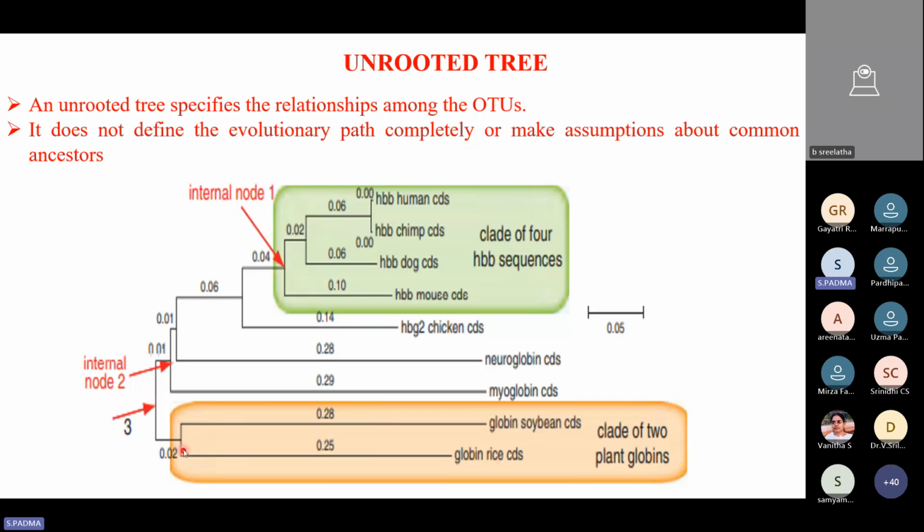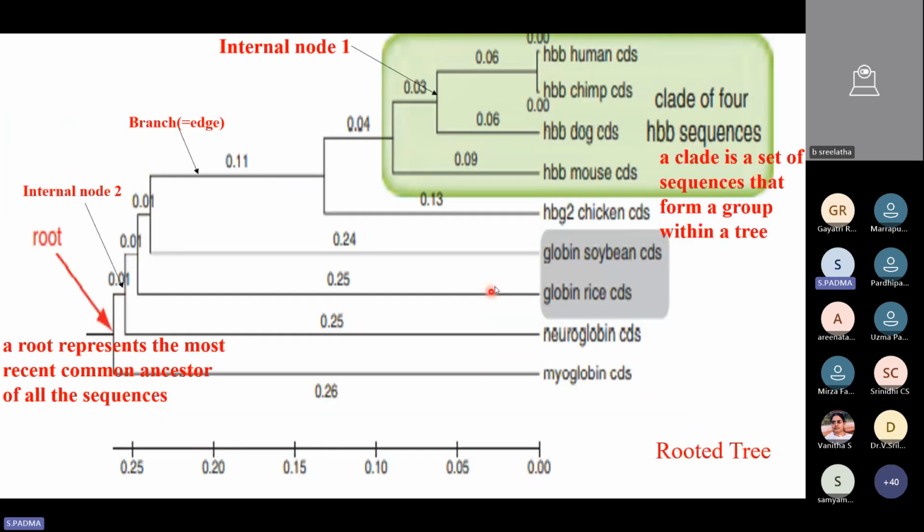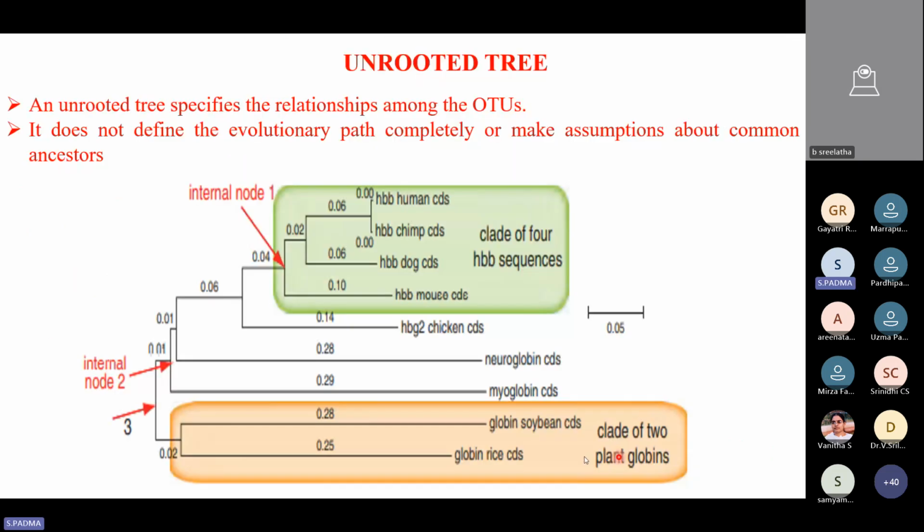There is equal evolution here where the globin soybean and globin rice have a common ancestor, which is not the case in this particular rooted tree. So these two have become one clade, and this has become one clade. And again you can see the neuroglobin and myoglobin are separately placed.